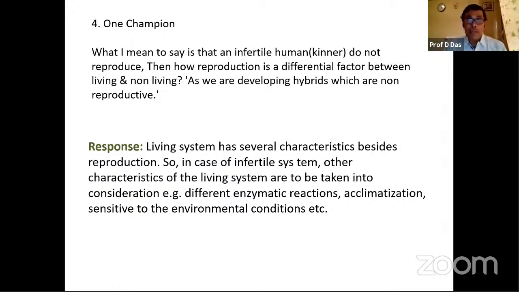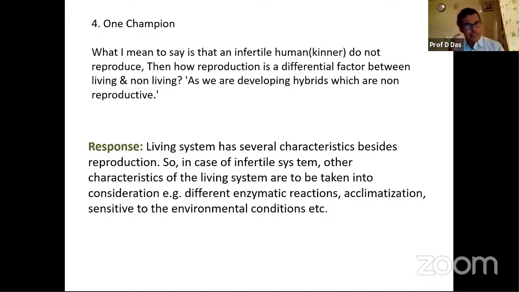But we can work at 45 degrees centigrade provided we increase the temperature slowly, so that our system becomes acclimatized to that temperature after a period of time, and then we can work at 45 degrees centigrade.